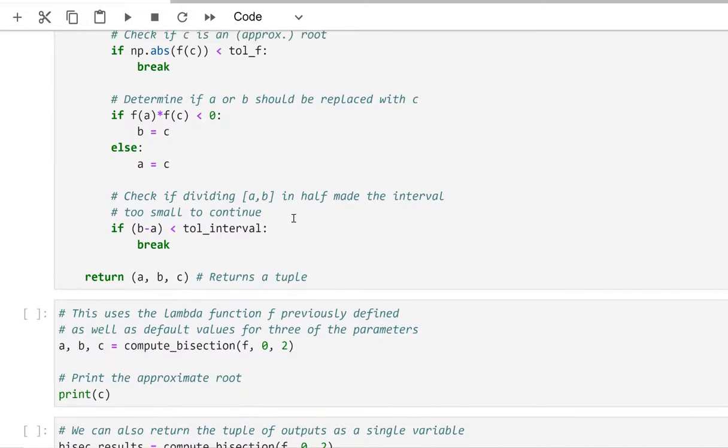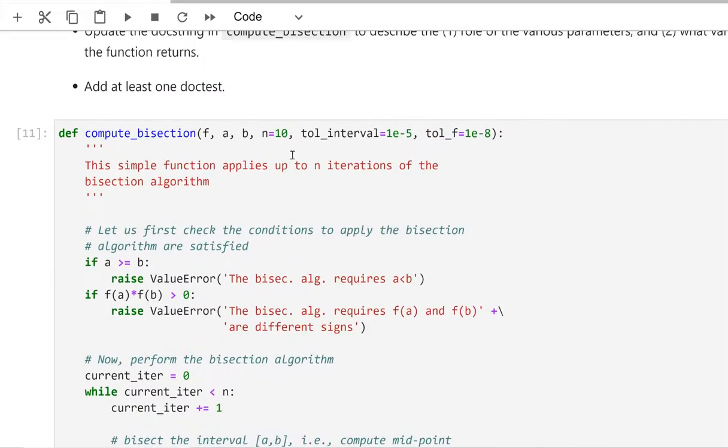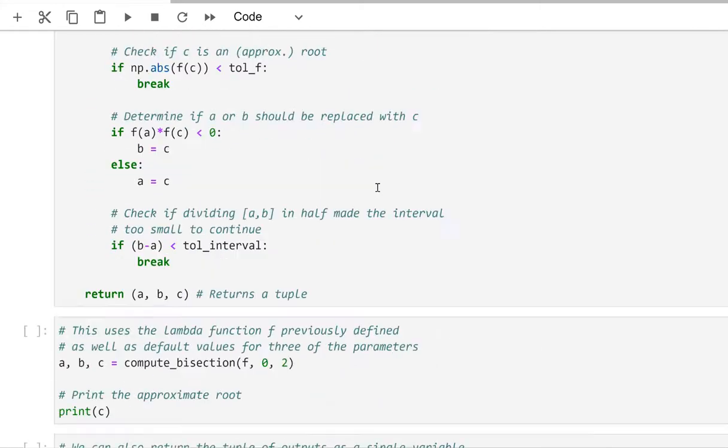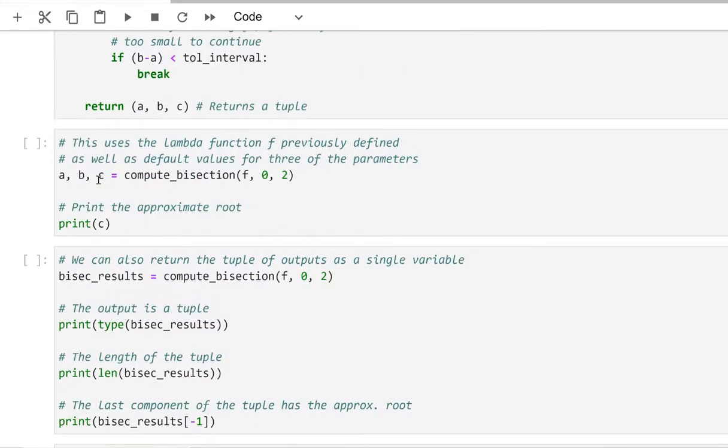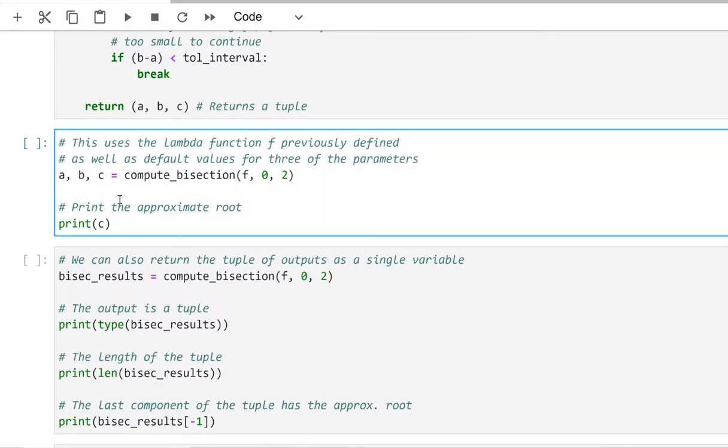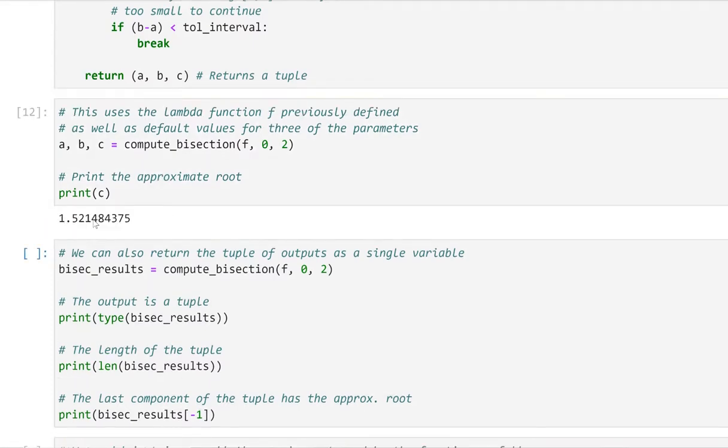If I only do that, then I'm using the default values of n equals 10, 1e to the negative 5, so 10 to the negative 5th for the tolerance interval, and 10 to the negative 8th for the tolerance of f. So let's see what happens. And I'm returning a, b, and c, all of these values, and I'm printing the approximate root. 1.521, which we know is actually a good approximation to the root of this function.